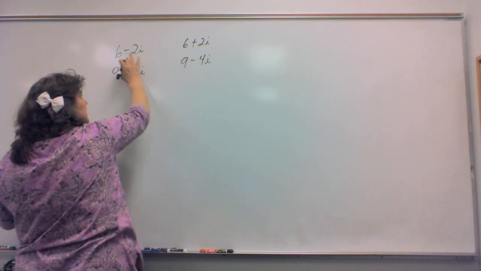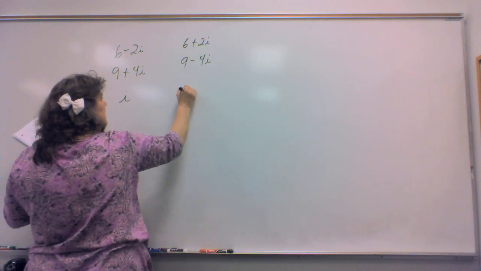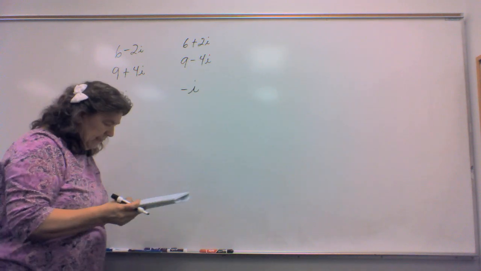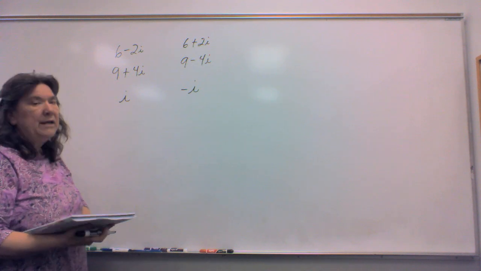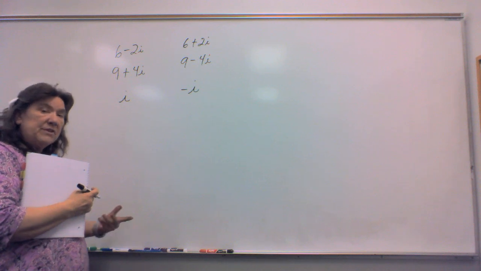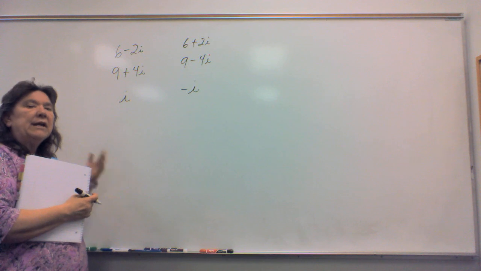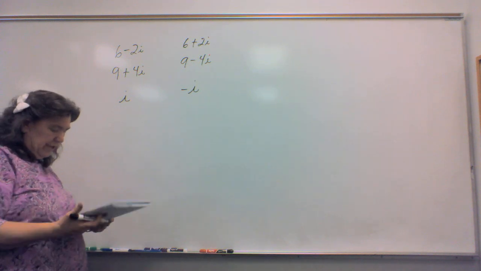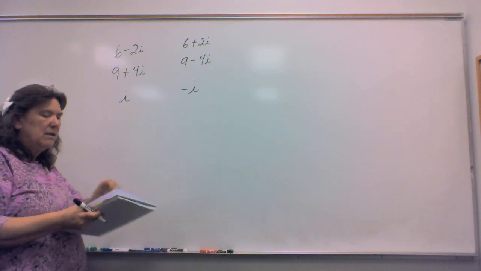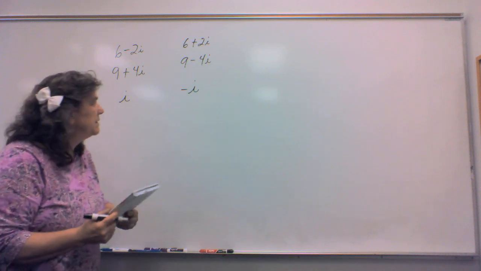Again, the only difference is the sign between the two. And a conjugate of i is negative i. Okay? And just like in your division of radicals, we can't have an imaginary in the denominator. So therefore, we have to always eliminate it by multiplying by the conjugate. So now, let's look at how that happens.